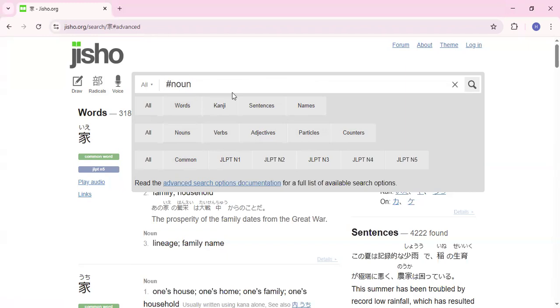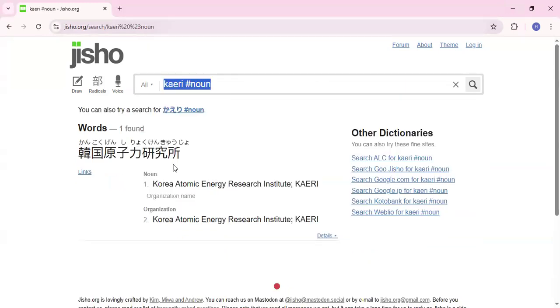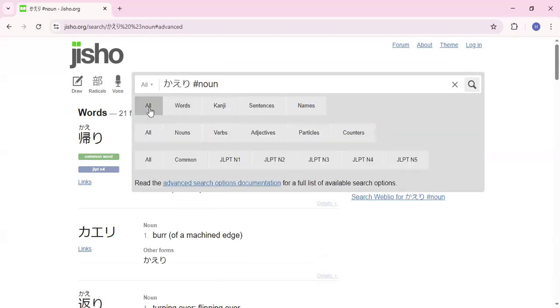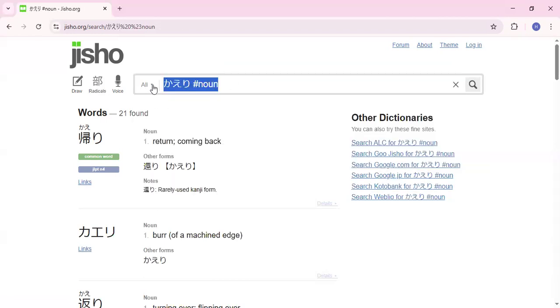What's a noun? I don't know. Kaeri. Kaeri, right? This is not what I want. I guess I should use hiragana here, kaeri. And I get here, this is a noun, right? Yeah. Okay.